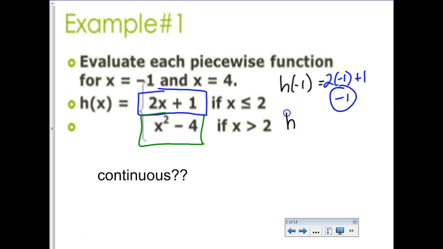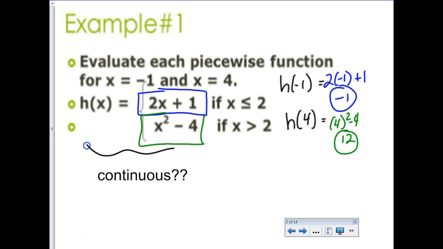And then going back to the piecewise function, this time trying to evaluate it at x equals 4. Well, 4 is greater than 2, so you're looking at the parabola piece this time. So we have 4 squared minus 4, so it would be a 12. So if the question was just to simply evaluate the piecewise function, you have to be very careful which piece of the function you're looking at.